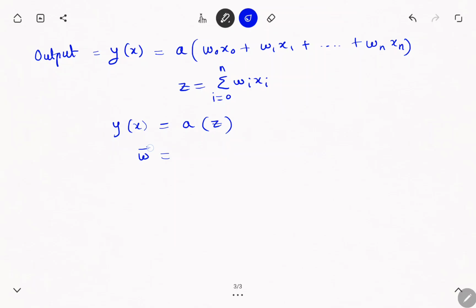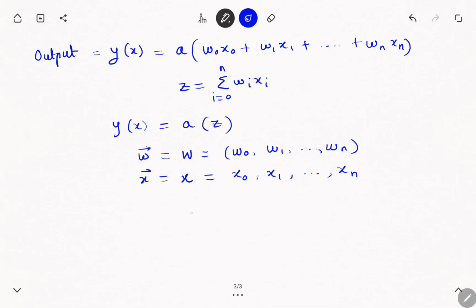Let the vector w, or simply bold w, be equal to w0 w1 up to wn, and the x vector, the input vector, or bold x, be equal to x0 x1 up to xn. Okay, so if I simply take the dot product of w and x, this is nothing but z, so the output y is applying the activation function to the dot product of w and x. Okay, so this is the basic of a perceptron.